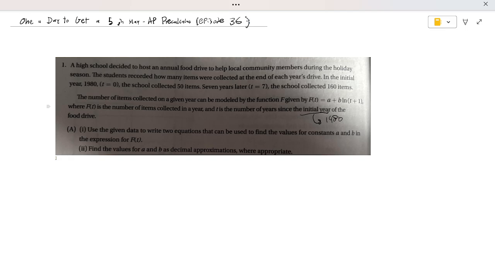When t is 0, the number of items collected is 50. This is a point (t, f of t). Another point like that would be (7, 160), because in the 7th year, they collected 160 items.